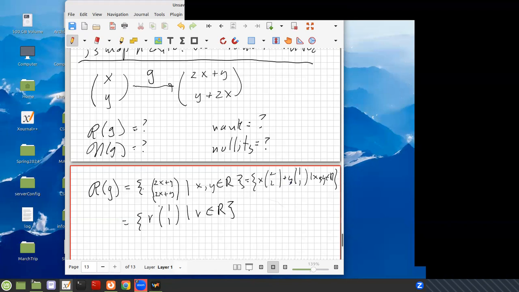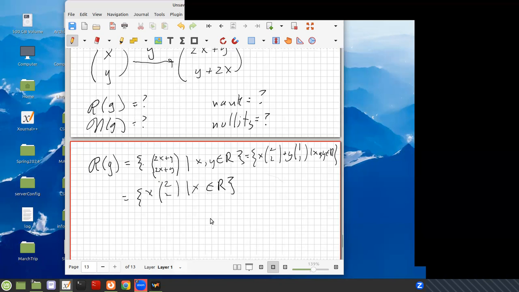Okay, it just seemed out of pocket. That's all. I could choose y, or I could choose x. So you could choose, for example, x times 2, 2, and then my basis would equal 2, 2, or I could choose y.